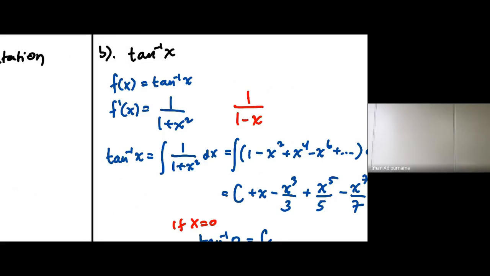And this function, we can observe, is our geometric series, right? We can expand the series, replacing x with negative x squared, and we have this expansion. And we integrate all of this, and this becomes our series for tangent inverse.